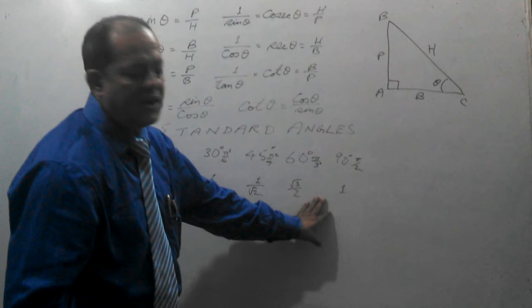Same way, cos A minus B is equal to cos A cos B plus sine A sine B.